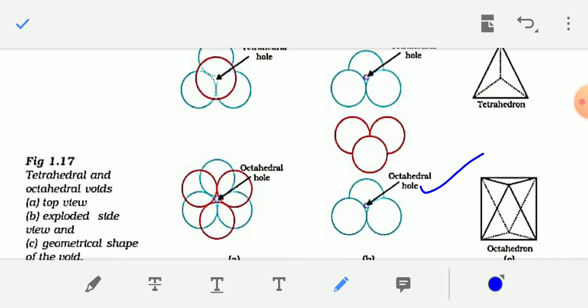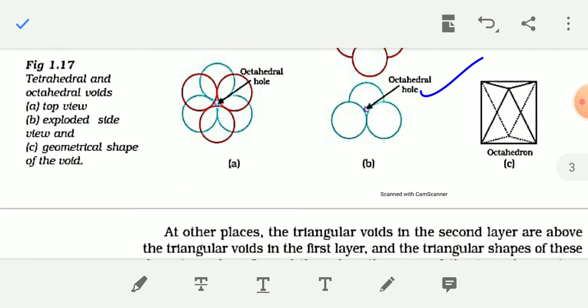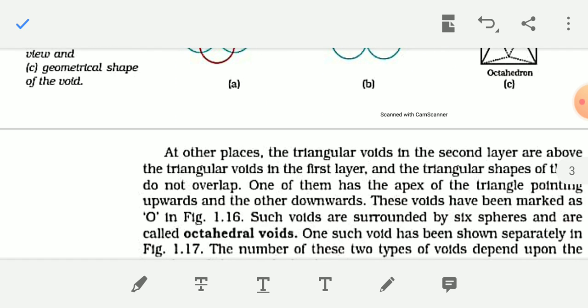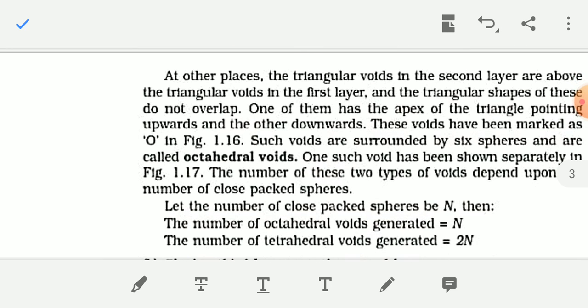It is marked as O. So after placing the second layer, we get two types of voids: tetrahedral voids and octahedral voids.